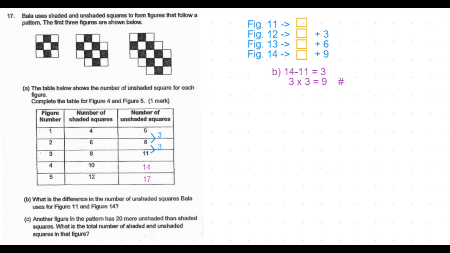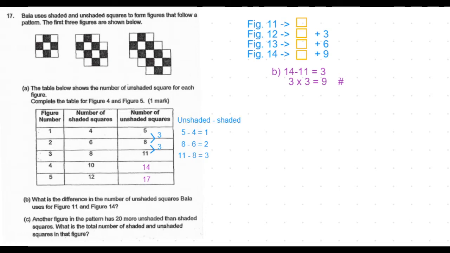Part C, another figure in the pattern has 20 more unshaded than shaded squares. What is the total number of shaded and unshaded squares in that figure? So now let's look at the difference in the number of unshaded squares and the shaded squares. Figure 1 has one more unshaded square than the shaded squares.